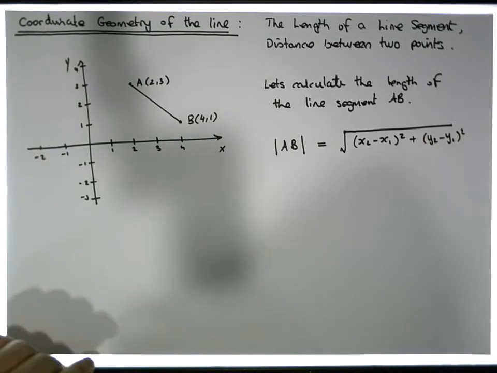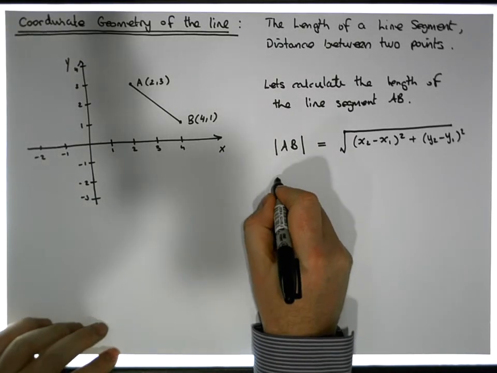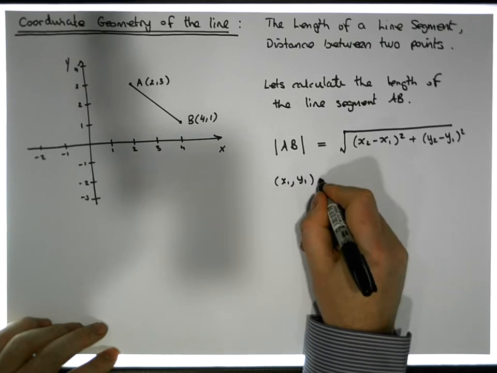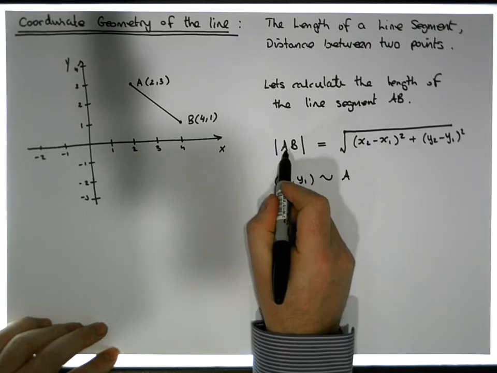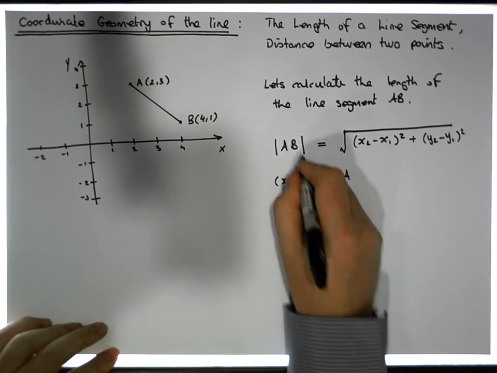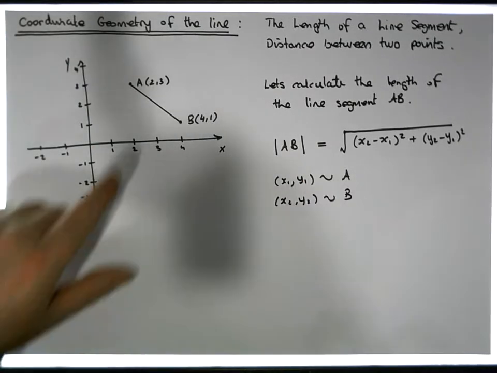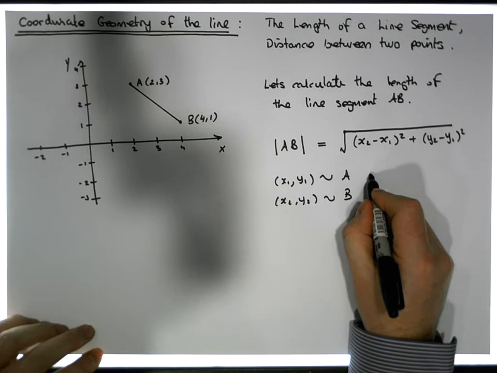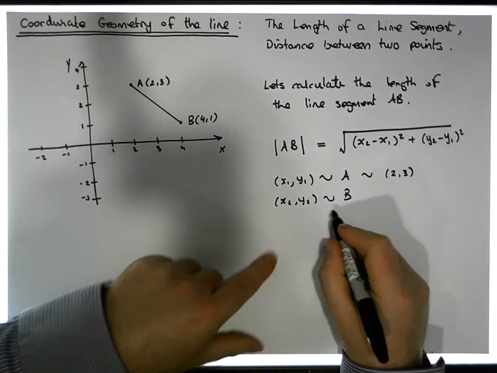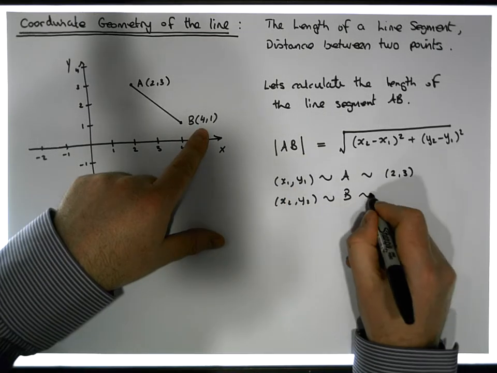From a labeling perspective, the point (x1, y1) is typically associated with the first point, A, and (x2, y2) is typically associated with the second point in the line segment, B. So in our case, (x1, y1) is (2, 3) and (x2, y2) is the point B, which is (4, 1).